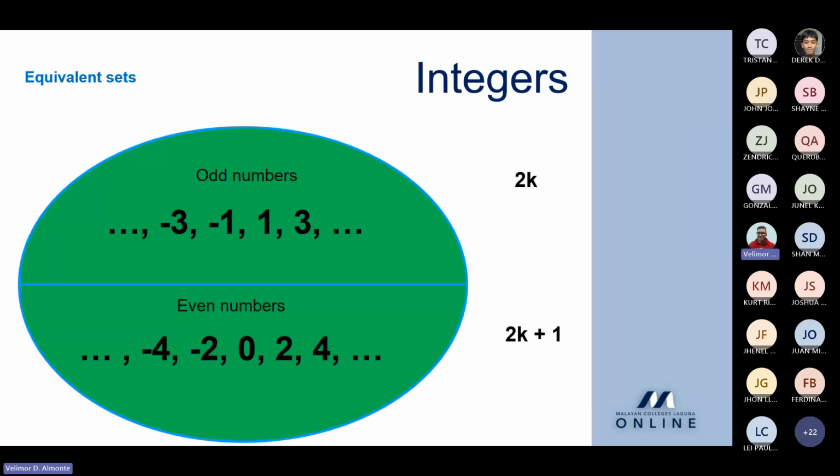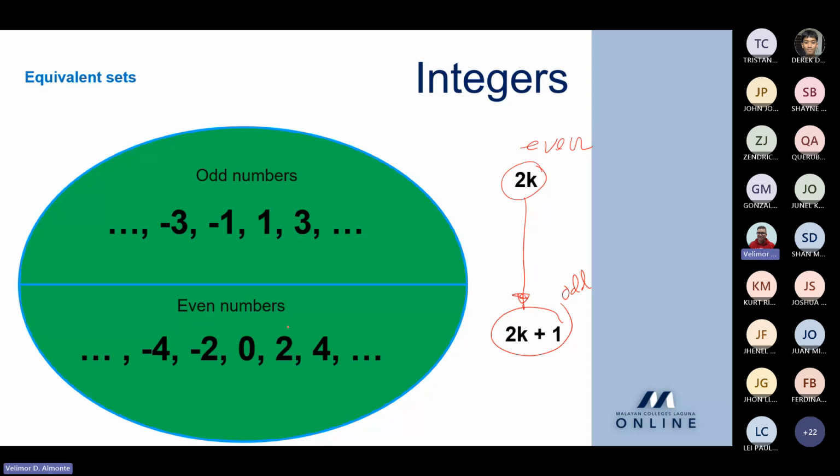So let me go back to our discussion on the integers. Remember, the integers can be grouped into two groups, odd numbers and even numbers. Even numbers are generated by this formula, 2k. So if I add 1 to 2k, that will generate an odd number.